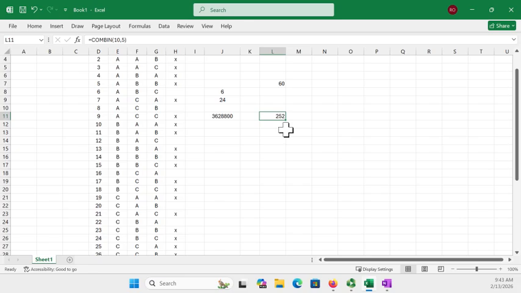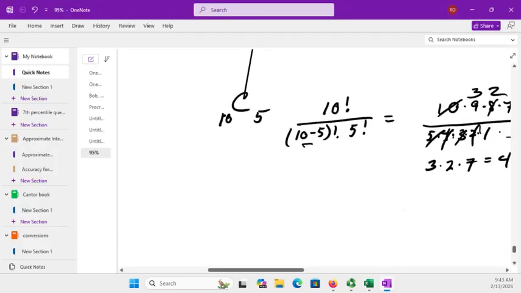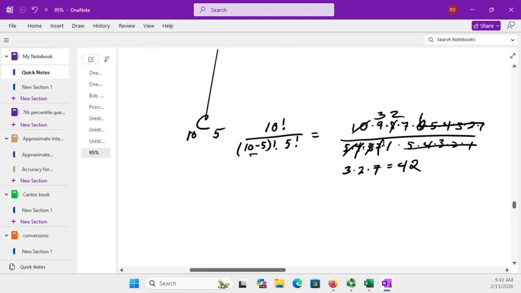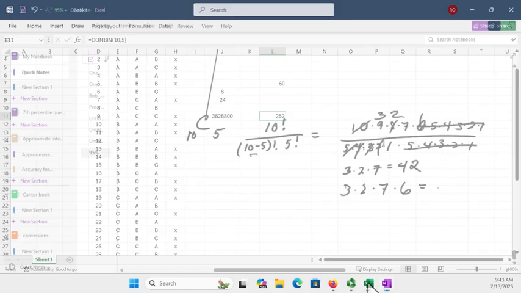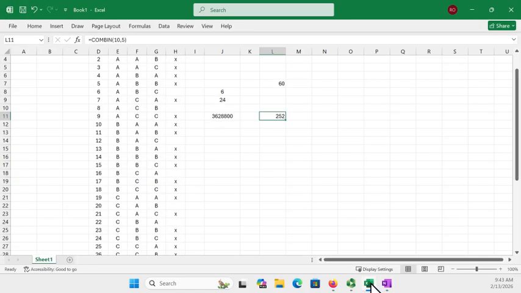Oh, I left out something in the calculation. The 6. 3 times 2 times 7 times 6 is equal to 252.